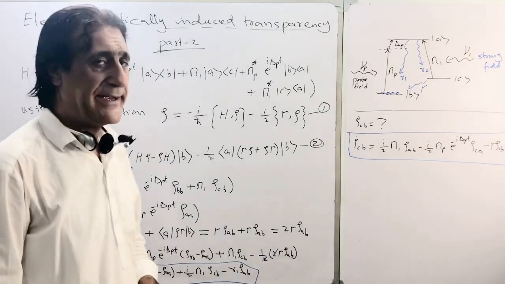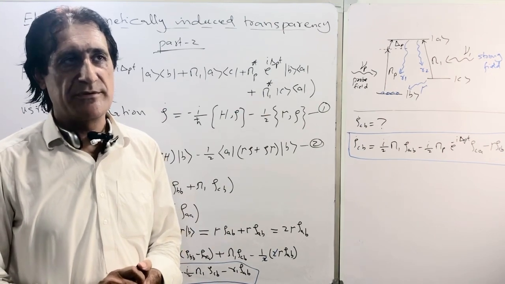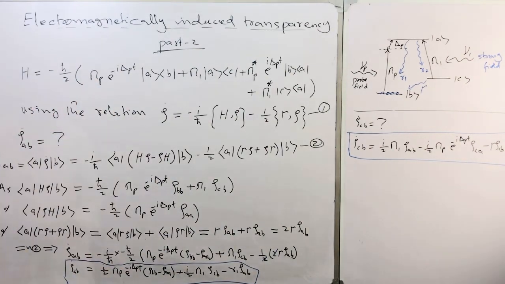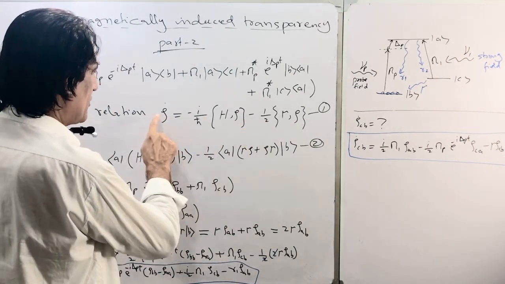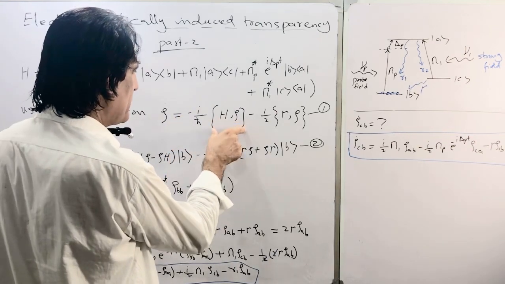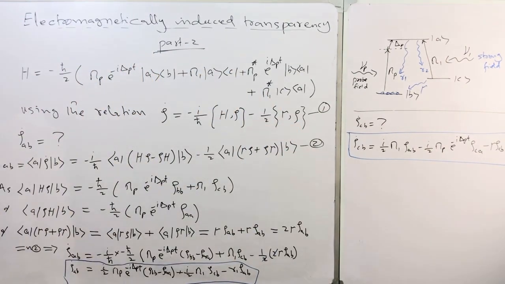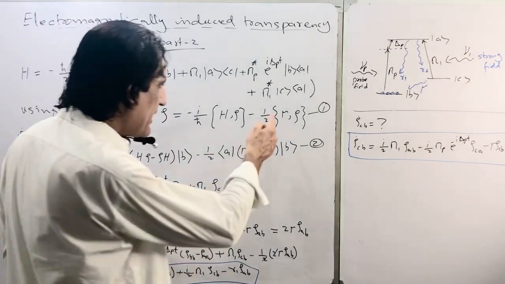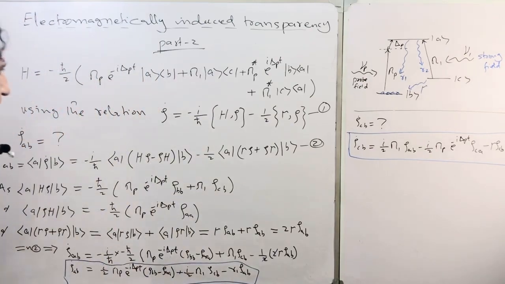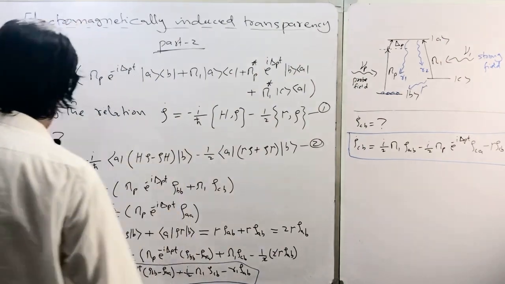Now to find the density matrix equation, we use the density matrix approach, and we use this relation rho dot equal to minus iota divided by h cut, H rho, this is the commutator, and this is the anti-commutator, gamma rho. So this part shows the decay of the system. This equation is denoted by 1.